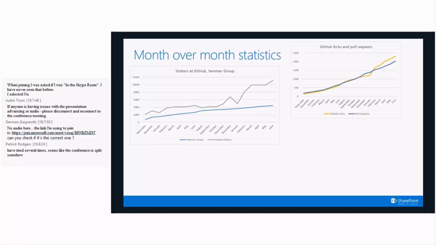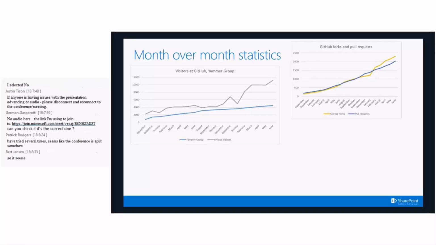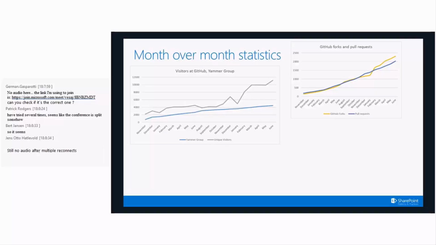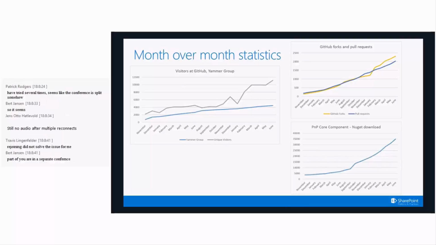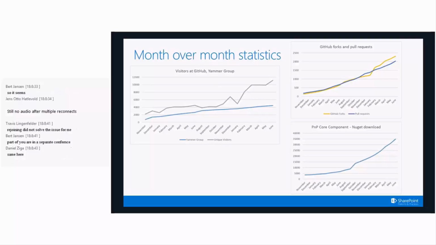And then the pull requests and forks are increasing. This is a cumulative number, so it's increasing in a relatively stable way. And then the PnP core component NuGet downloads are moving ahead quite normally as well.